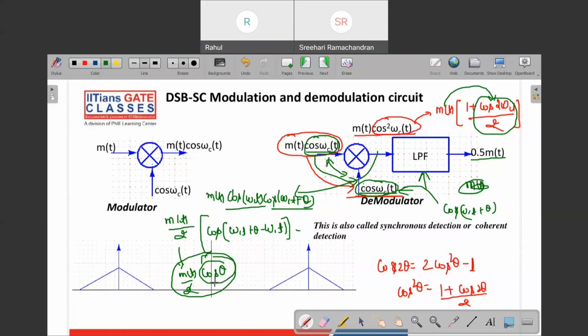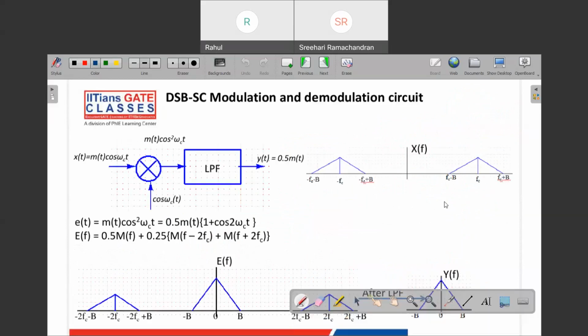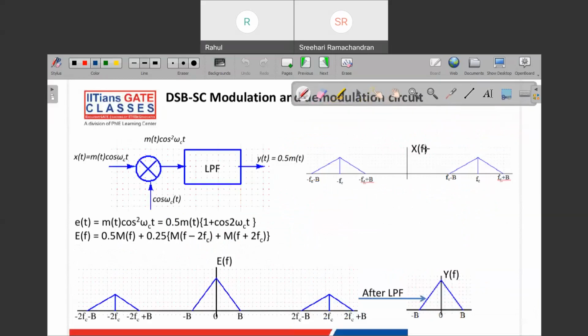Let me go to the next slide. Now the DSB-SC demodulation circuit, in the frequency domain, how does it look? Let's see. So this is the modulated signal, and we are multiplying it with cos ωct. We know that when you multiply the signal with cos ωct, it takes the signal and shifts it left and right by fc.